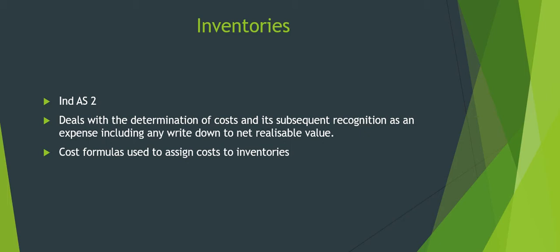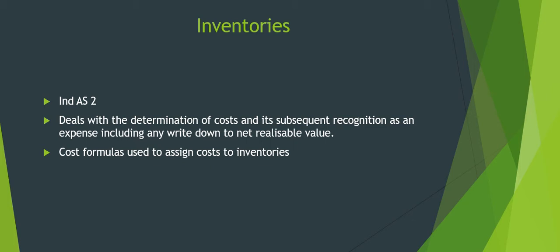This particular standard deals with the determination of cost and its subsequent recognition as an expense, including any write down to net realizable value. So, first of all, what is written down?